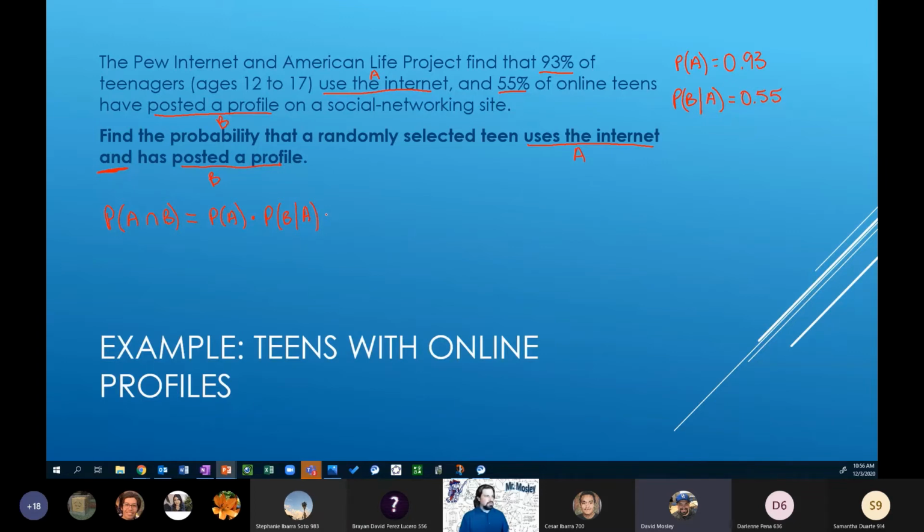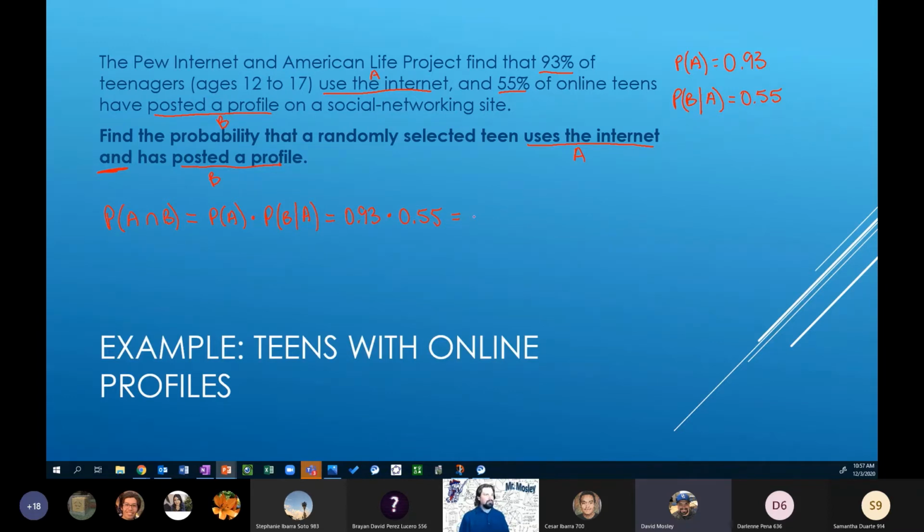So we get 0.93 times 0.55. And if I'm remembering correctly from the last class, that should be 0.5115, I believe.